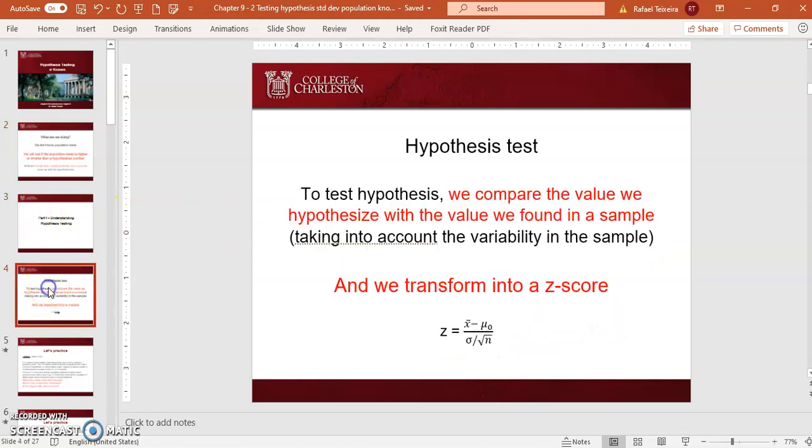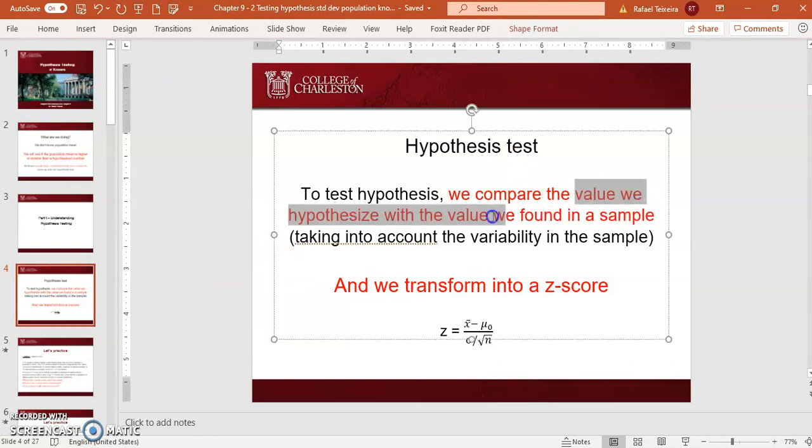Let's have an understanding about hypothesis testing. In hypothesis testing, we compare the value we hypothesize in the hypothesis with the value we found in a sample, of course taking into account the variability in the sample. For example, we can say customers purchase less than $50 per store visit. That's one of the claims managers can make.